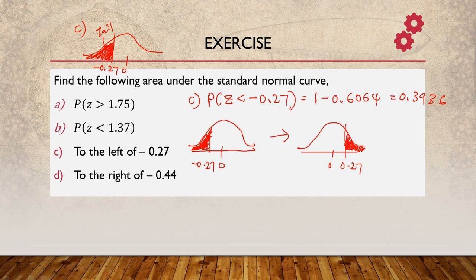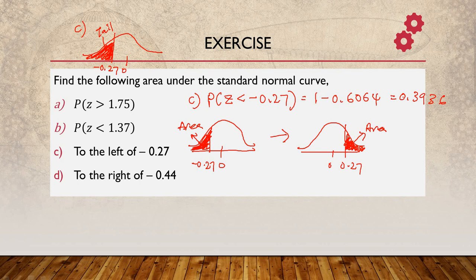So this area and this area are the same area. So I can refer to the positive table, and I know that total area under the curve is 1. So minus this one given in the table, the big area under the curve here, and we get the tail. Because this is symmetric, that's why we can redraw to the positive side.